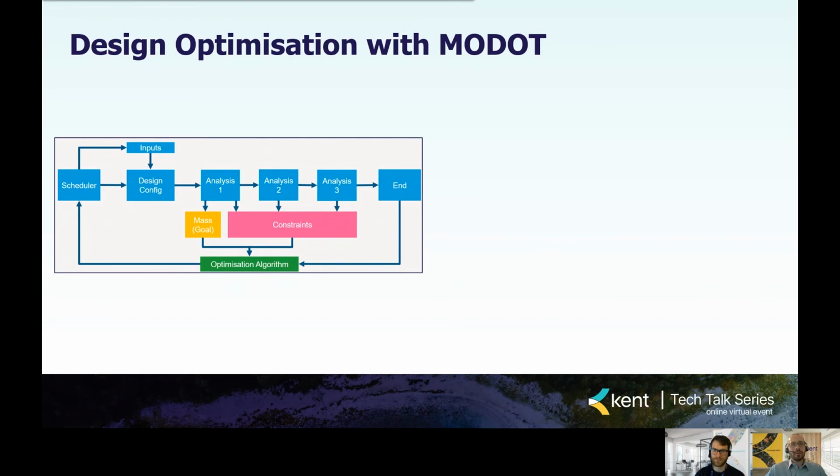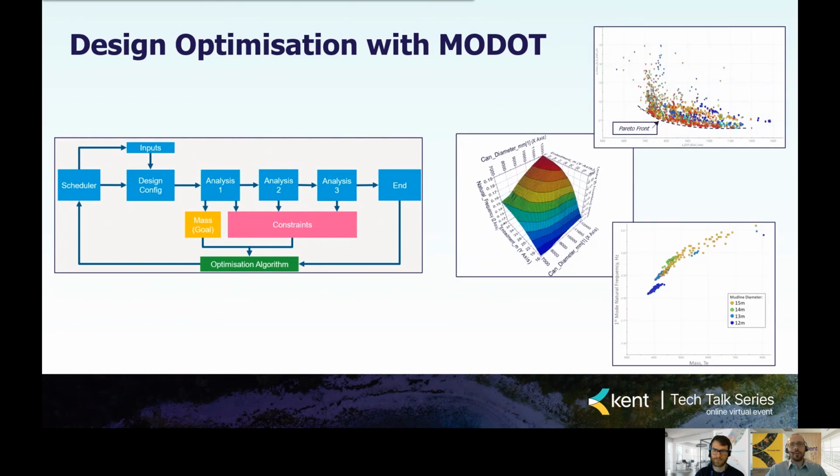So some examples of what that might look like. Up in the top, an example looking at plotting 2 objectives against each other and seeing the relationship between the two, and this so-called Pareto front that shows the actual limit of that optimization that's possible. Another example in the middle here of mapping a design space, looking for a monopile here at how the can diameter and embedment depth affects the natural frequency.